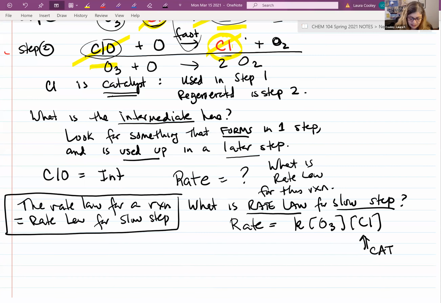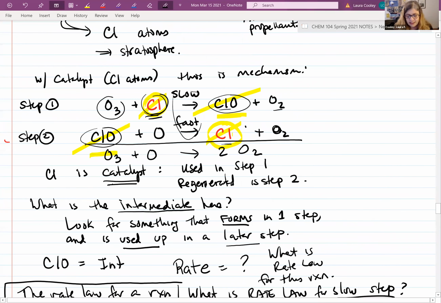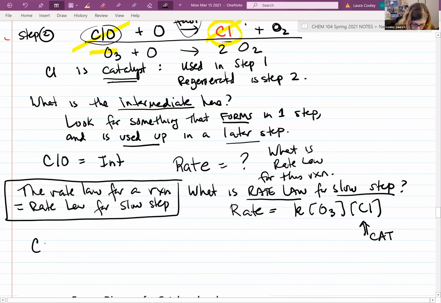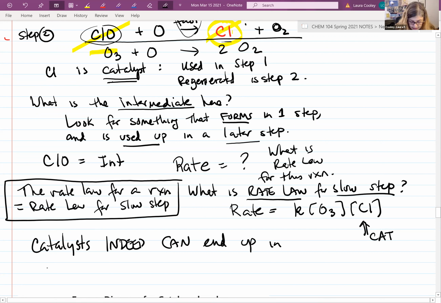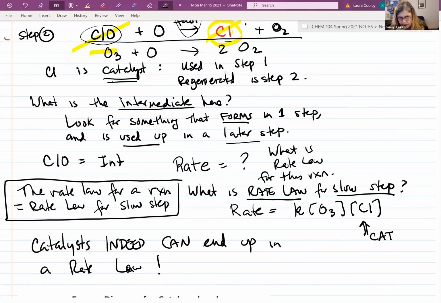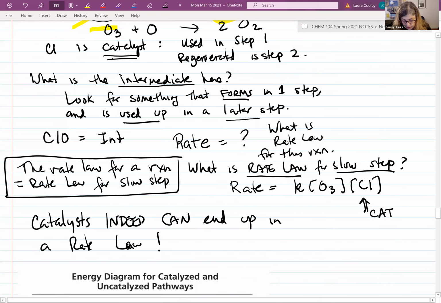In fact, a slow step is a collision with the catalyst. So I would say that catalysts indeed can end up in a rate law. So I can see why you left it out, but it wasn't right. And the other one is a square, so I don't know quite where you got that from, but I hope that you understand what the rate law is.